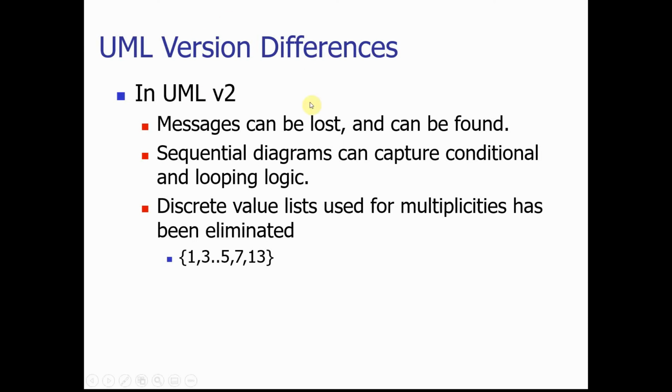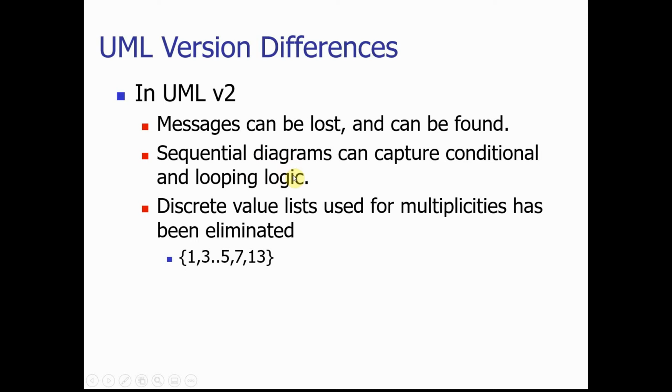So the message can be lost and found is a big deal in UML version 2, because it fits so well in the OO design. And also the sequence diagram can capture conditional and looping logic.